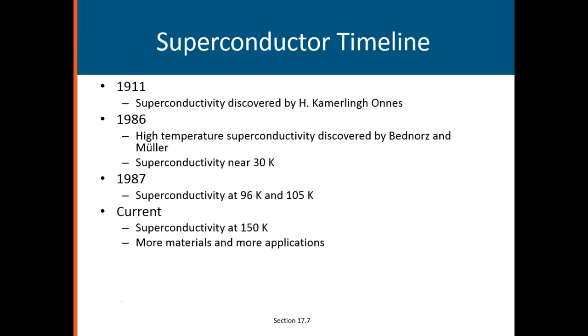We now have some superconductivity up around 150K. There are more materials, more applications. They are finding more all the time. Now, this whole concept of superconductivity, if I'm not mistaken, at least 4 Nobel Prizes have been won by people studying superconductivity.